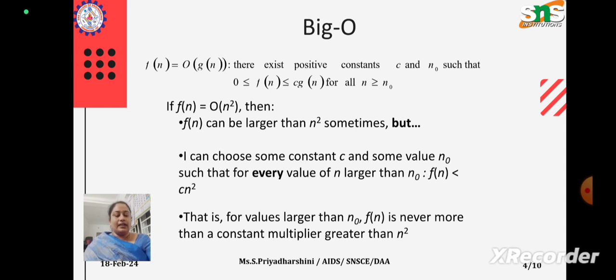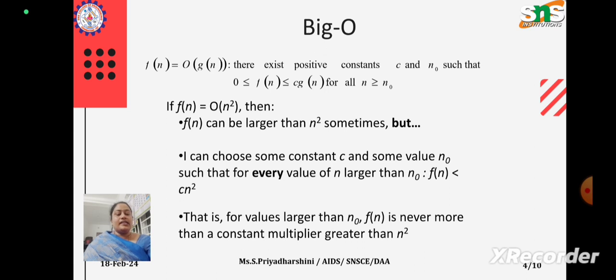Remember f of n is 2n square plus n, and it should always be less than or equal to c into g of n, and that g of n value you have to choose.